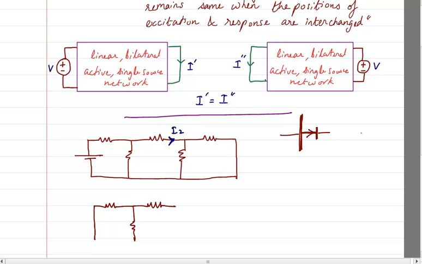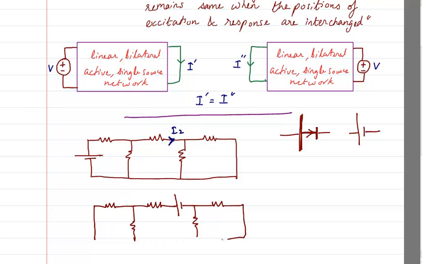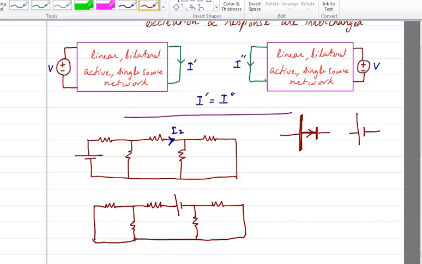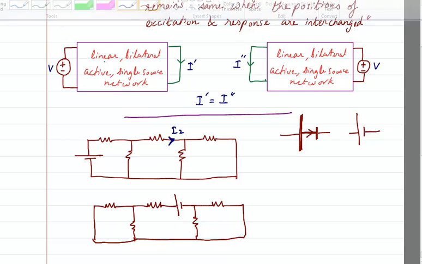I am talking about placing the battery like this. When the current is drawn like I2, instead of I2 I am going to place the positive and the negative like this. You have to take care of this, otherwise you may make a mistake. Then the rest of the circuit I am drawing as such. Because of this I am going to get some current, so again I have to draw the current.